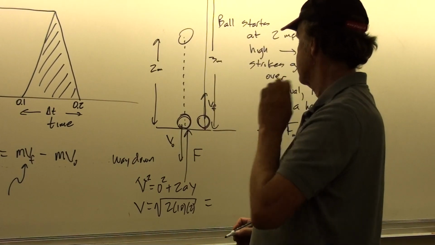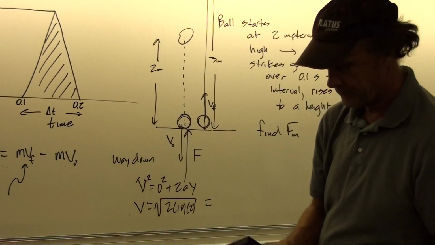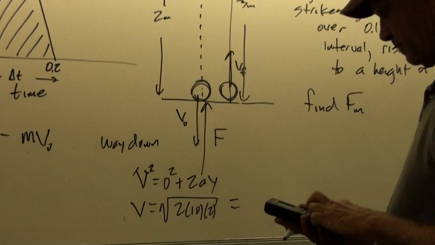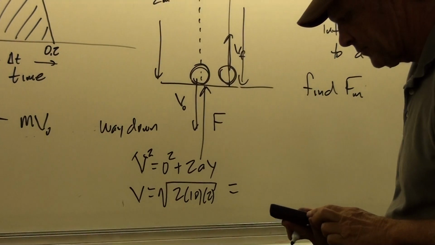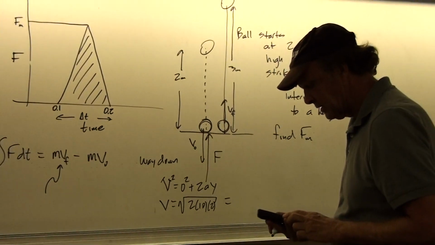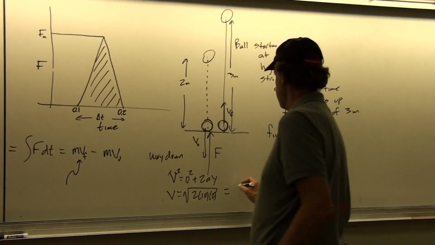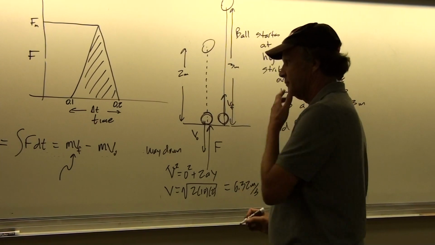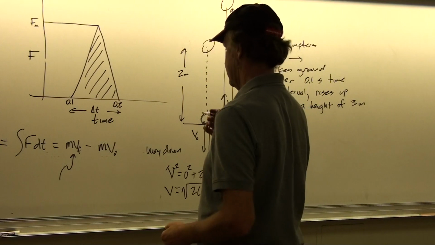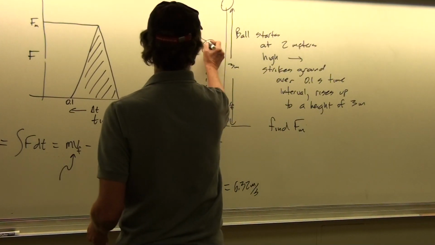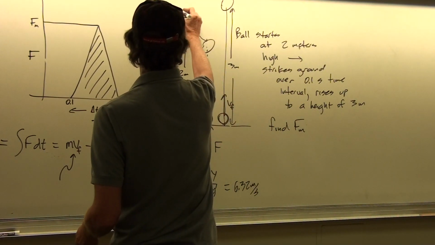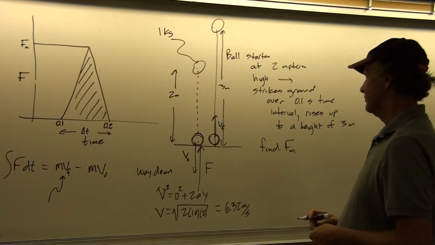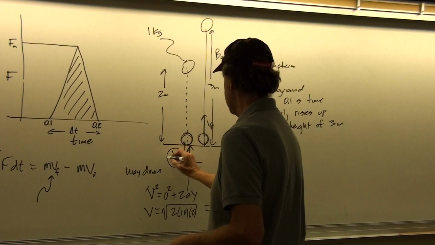So that gives us the square root of 40, or 6.32 meters per second. Okay. And we will need the mass of this thing too. Let's make this a 1 kilogram object so we don't have to worry about a lot of other numbers. Okay, so that's going to be this velocity.